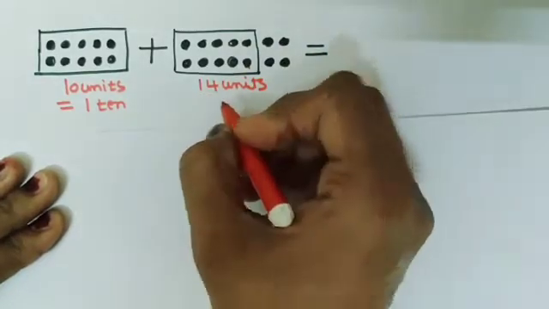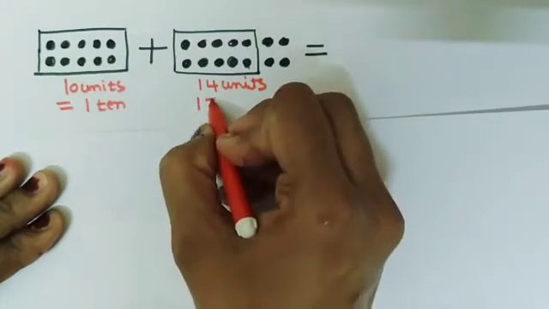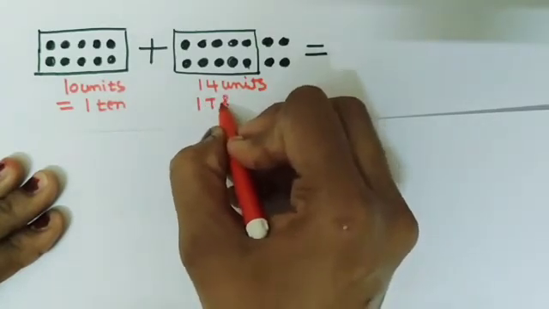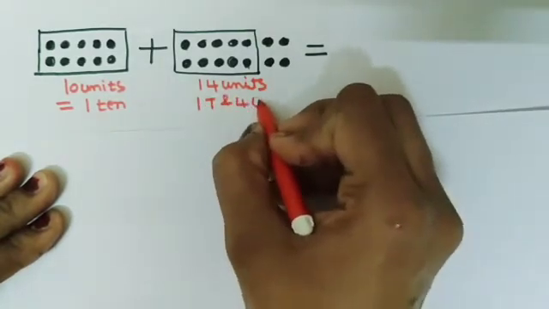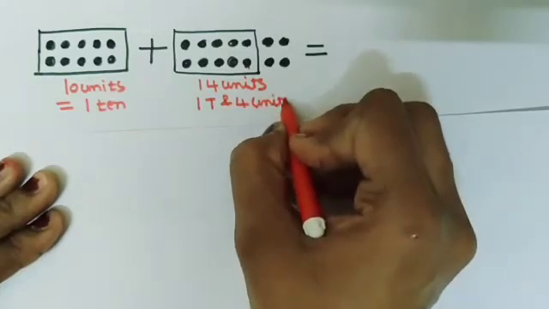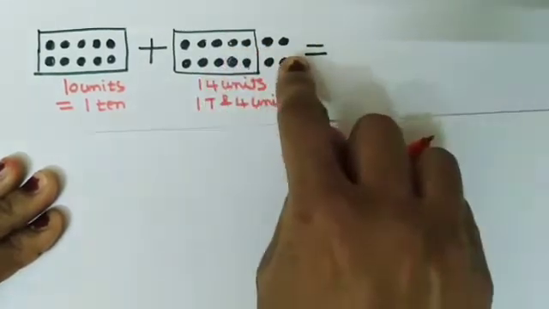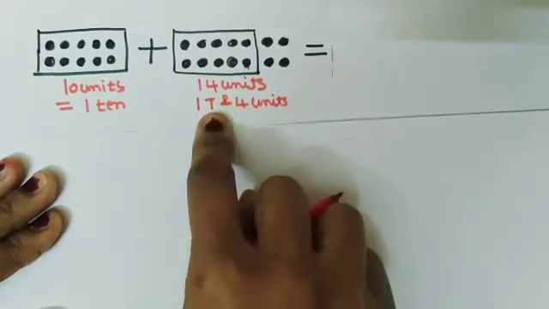So what is 14 units? 1 ten and 4 units. Yes children, you have 1 ten and 4 units.